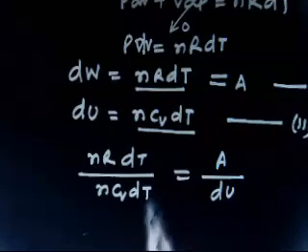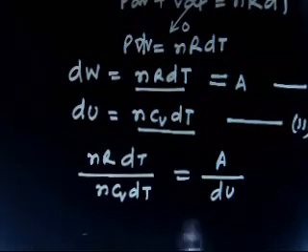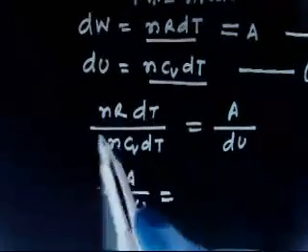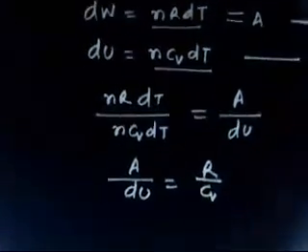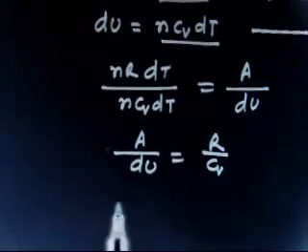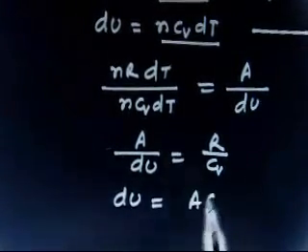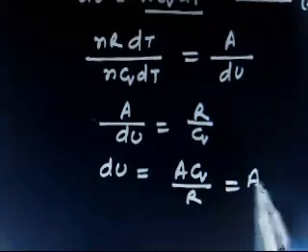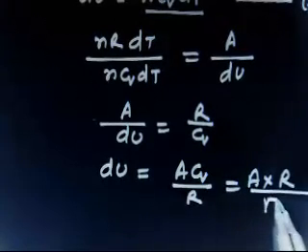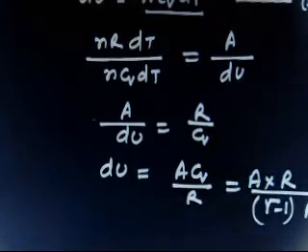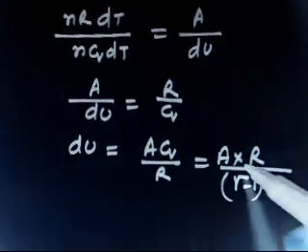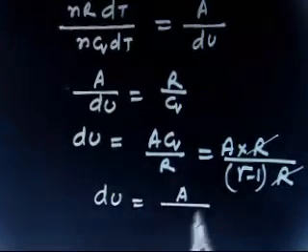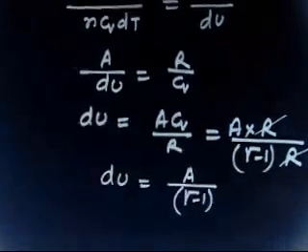So if you divide those two equations, you will have A by dU equals R by Cv, as dT cancels. So you will have dU equals ACv by R, and Cv is R by gamma minus 1, so A into R by gamma minus 1 into 1 by R. So R goes, and I will have dU equals A by gamma minus 1. Are you getting it?